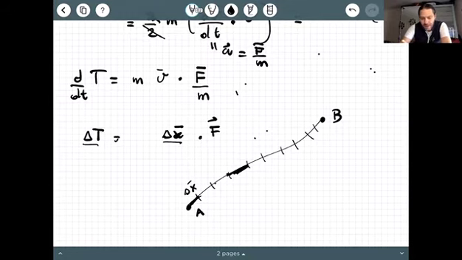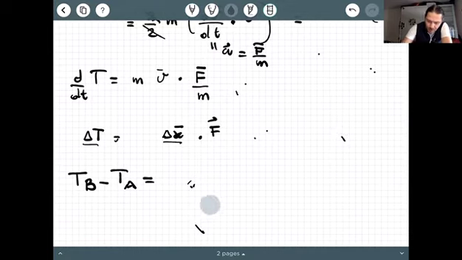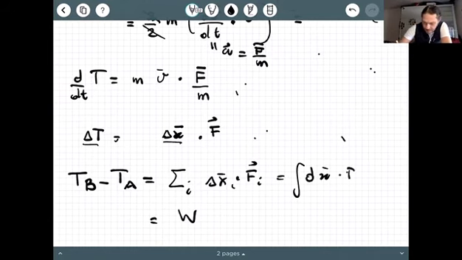So if I want to find out how much the kinetic energy changed going from A to B, say the kinetic energy in B minus the kinetic energy in A, all I have to do is sum all of these little variations. And guess what? This is precisely the integral, and therefore the work.